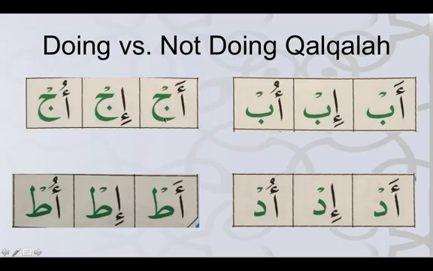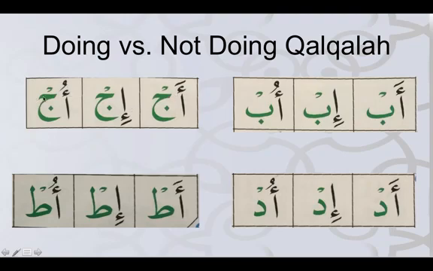This letter we will do one more time. The next is Hamza Fatha and the Jim Sukoon. This is the Jim Sukoon. So it's another one of the letters of Qalqalah. Correct way first. Hamza Fatha Jim Sukoon, Aj. Hamza Kasra Jim Sukoon, Ij. Aj, Ij.